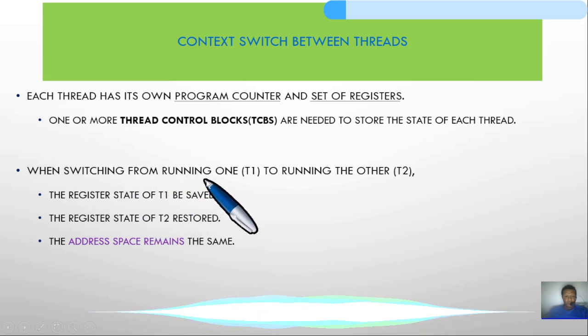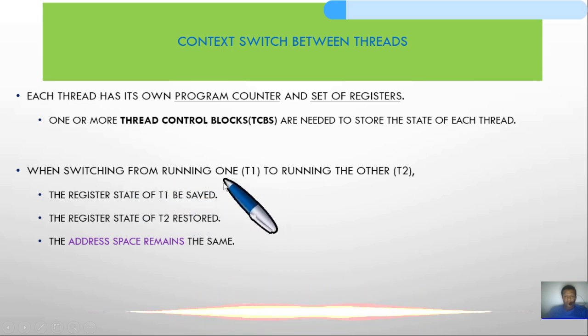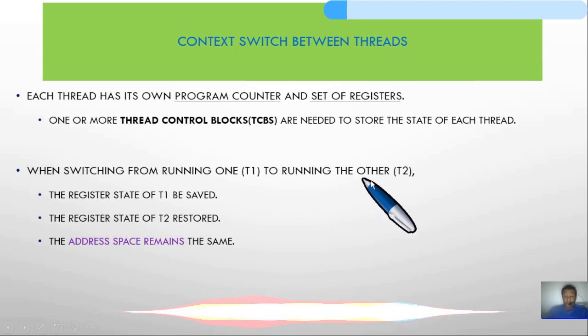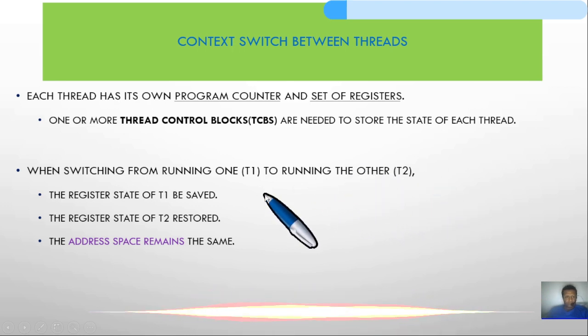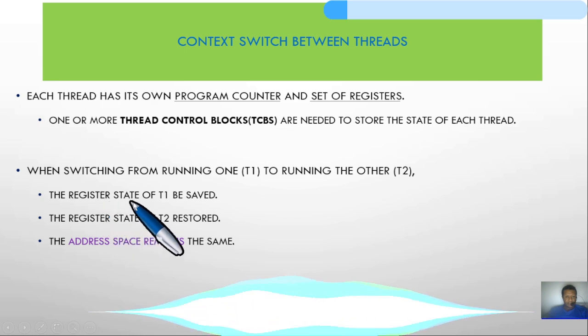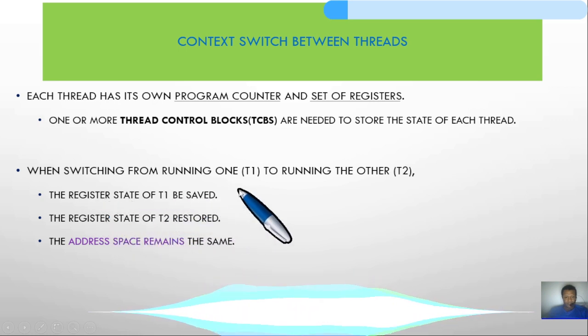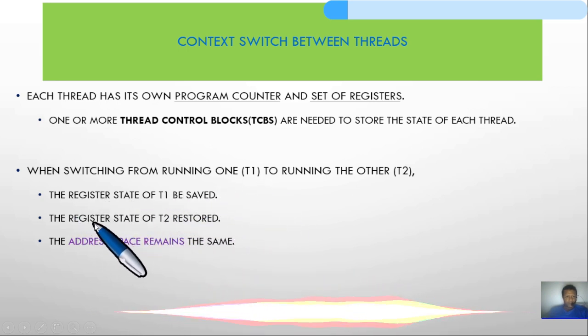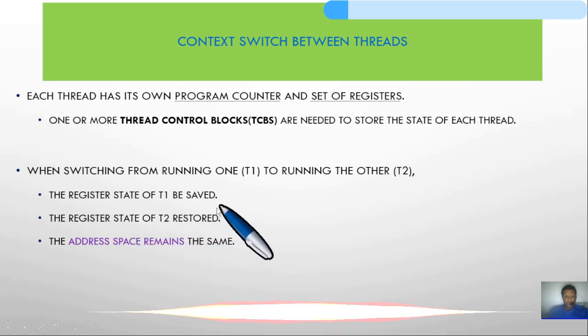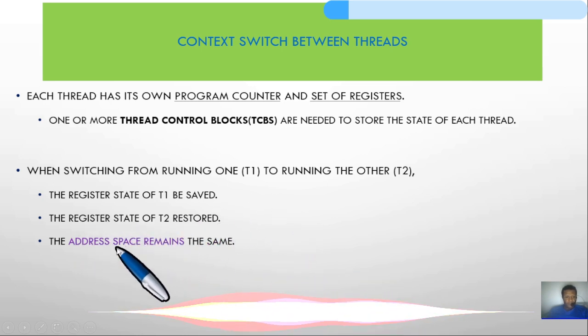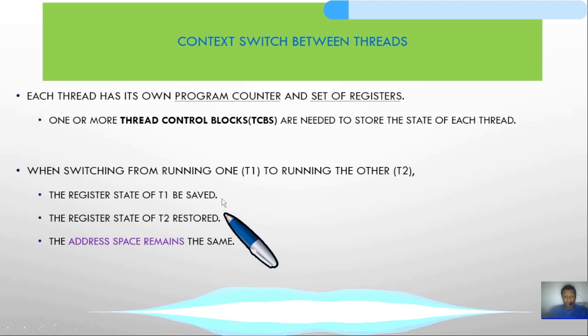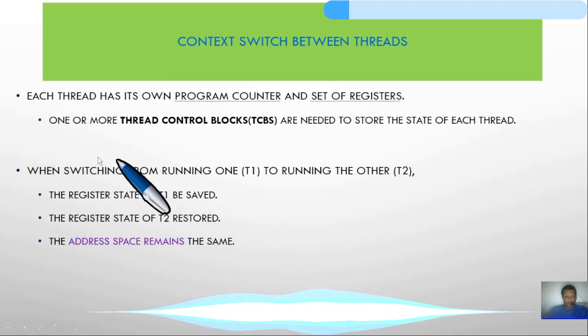When switching from running thread 1 to running thread 2, the register state of T1 will be saved, this is obvious, and the register state of T2 restored. The address space remains the same. This is the behavior for the context switch between threads.